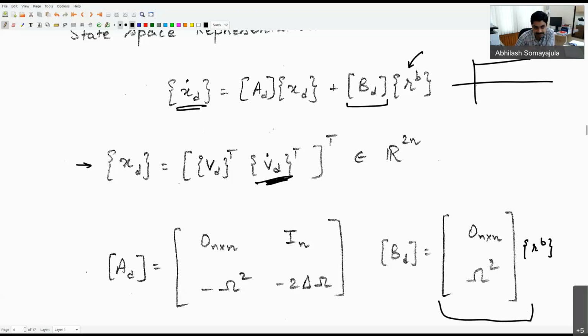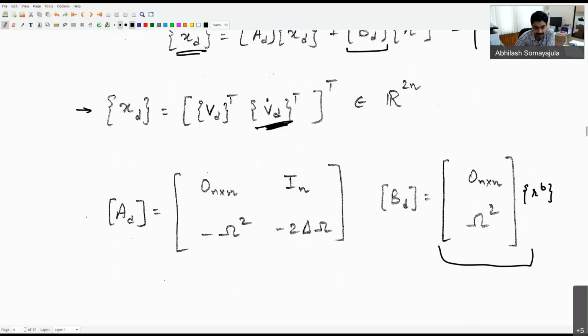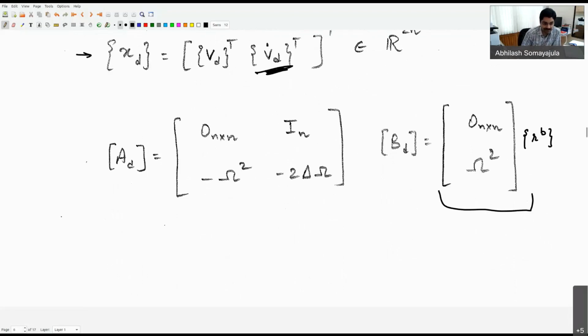Yes. Is that making sense? In some sense, I can write this XD dot as VD dot and VD double dot.